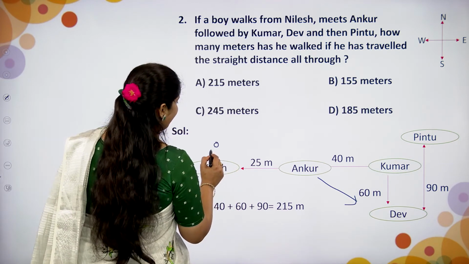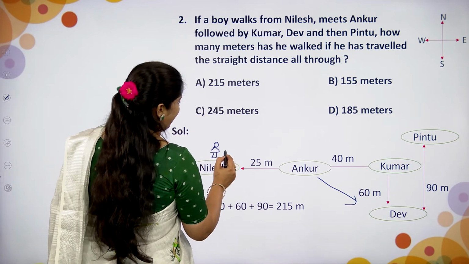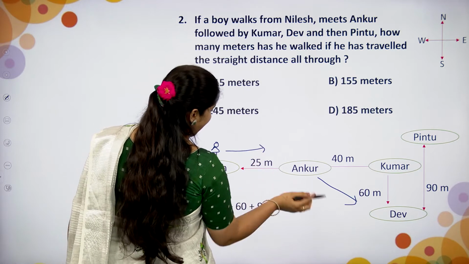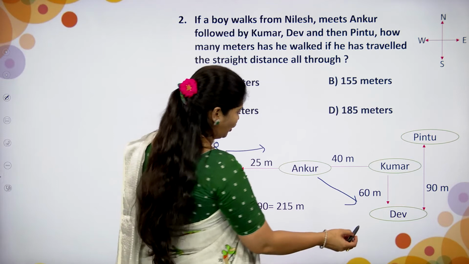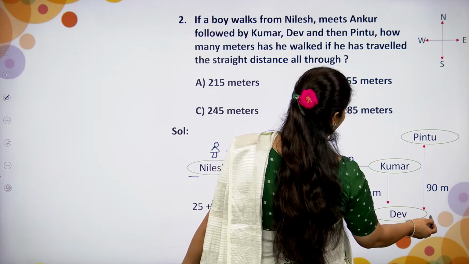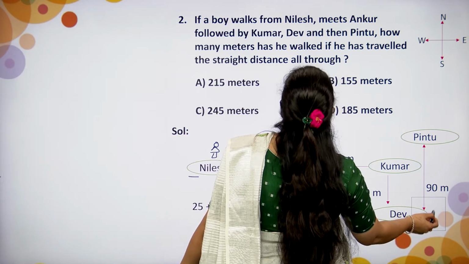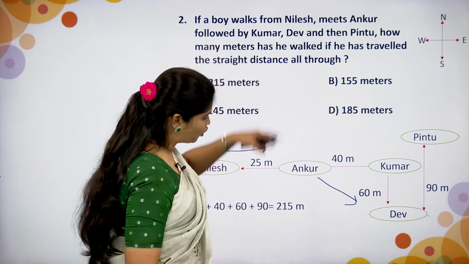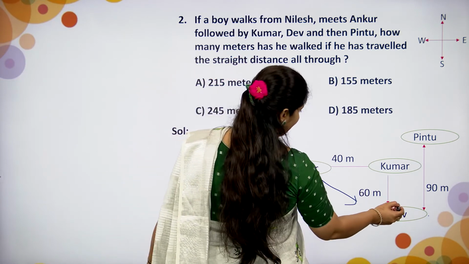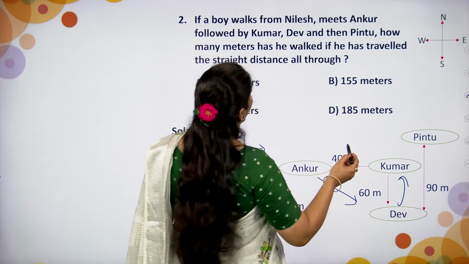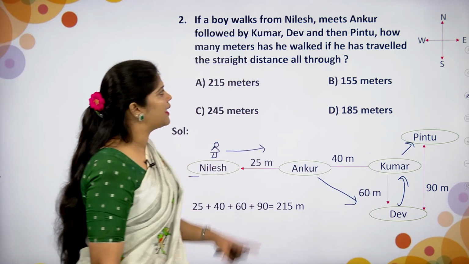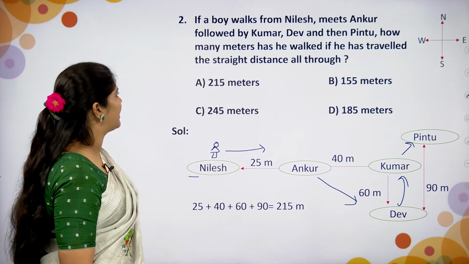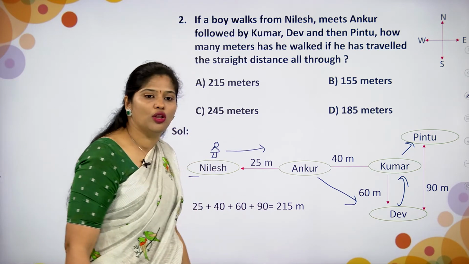The person starts from here and first direction is here and then meets Dev, okay. Next, Pintu, followed by Kumar, first Dev and followed by Kumar and then Pintu. How many meters has he walked if he has travelled the straight distance all through?